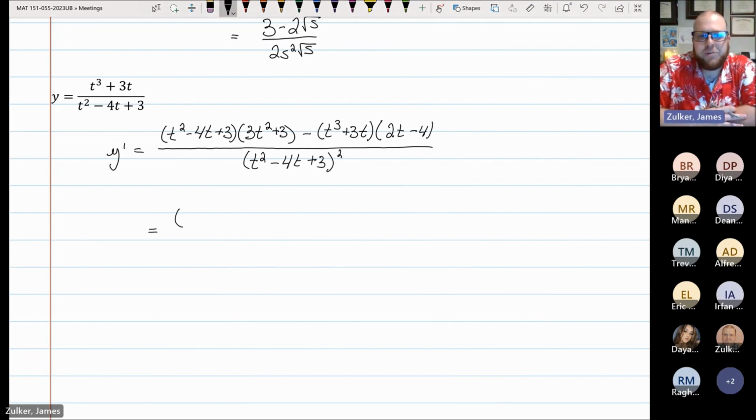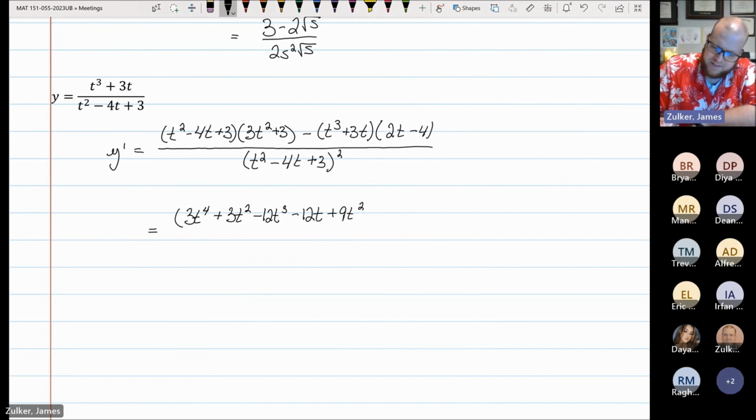Expanding out the first term, we get 3t to the fourth plus 3t squared minus 12t cubed minus 12t plus 9t squared plus 9.